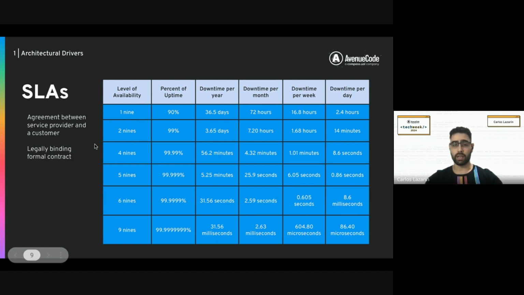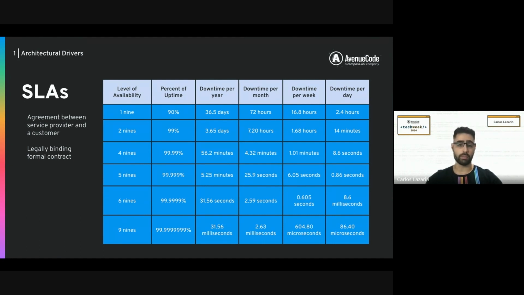So if you are talking about a highly available system, we might be talking about not 99% availability. We're going to have 99.999% of availability, which means that we're going to have at the maximum 31.56 seconds of downtime per year, or even 86.40 milliseconds per day, right?